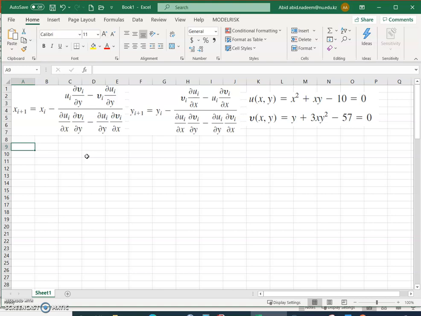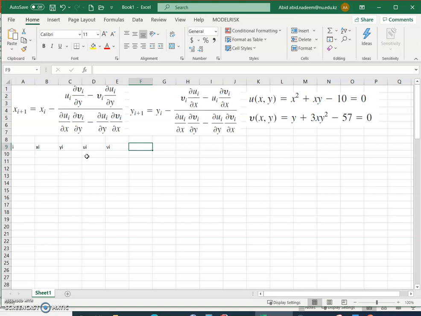You can start your Excel sheet in any way which you feel comfortable. I can start with I, which shows the iteration, and then xi, yi, and then ui, vi, which is the value of the function.